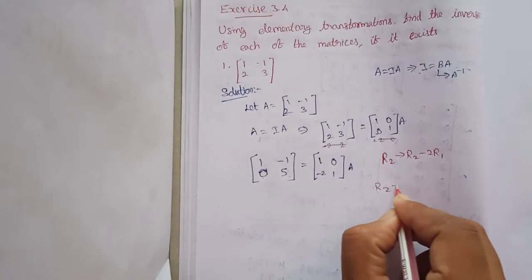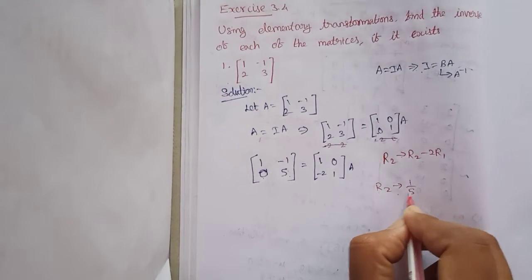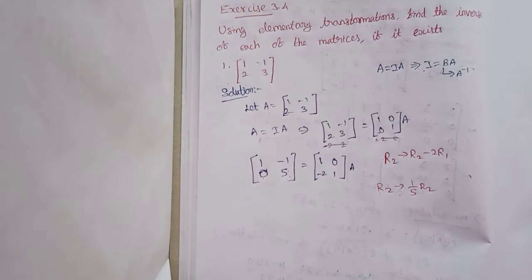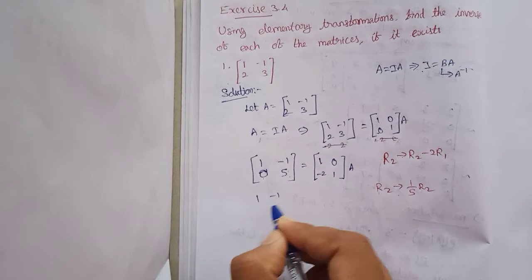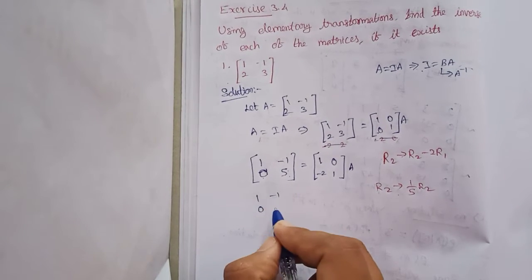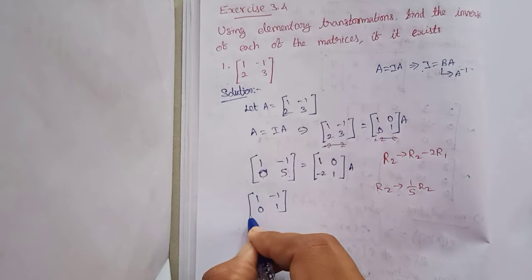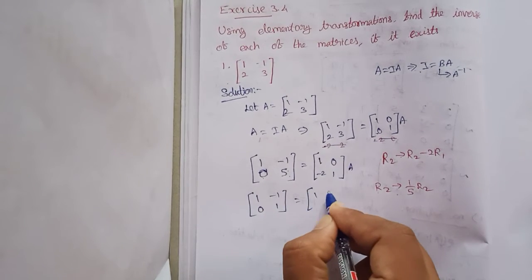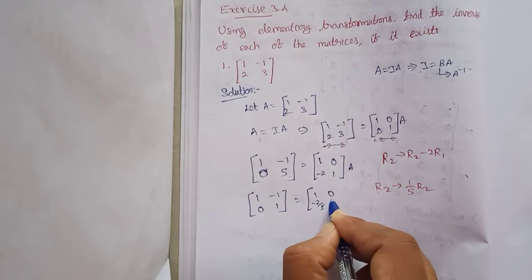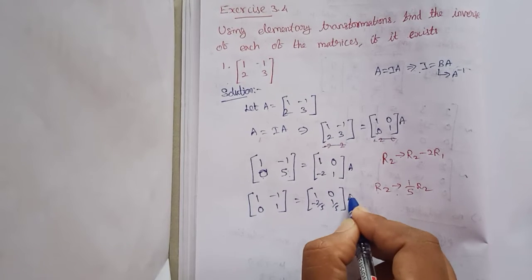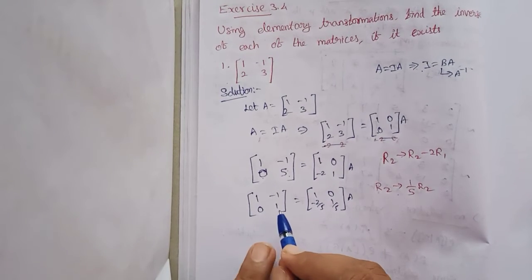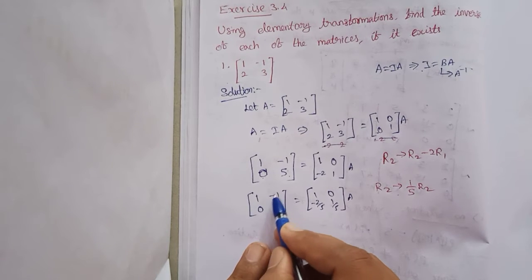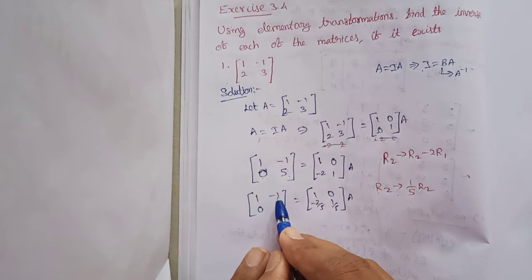So we get R2 implies 1 by 5 into R2, and do this: 1 minus 1, 0, 1 by 5 into 5, we get 1, which is equal to 1, 0, minus 2 by 5 and 1 by 5 into A.